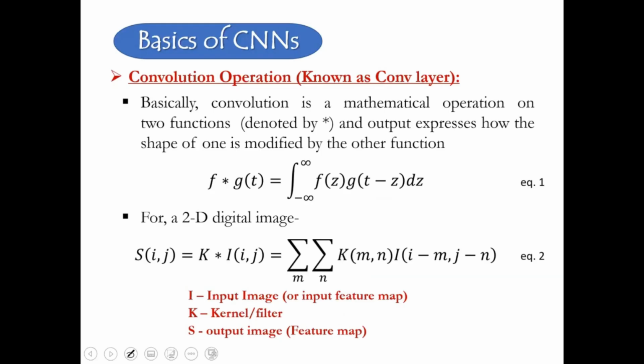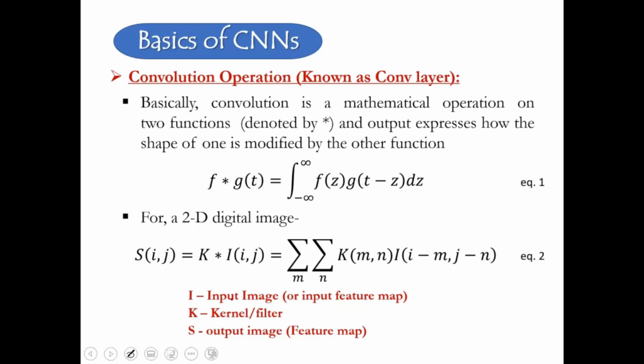It is an operation on two functions, and the output shows that if the shape of one function changes, how the shape of the other function will be modified. So this is the basis of the convolution operation.